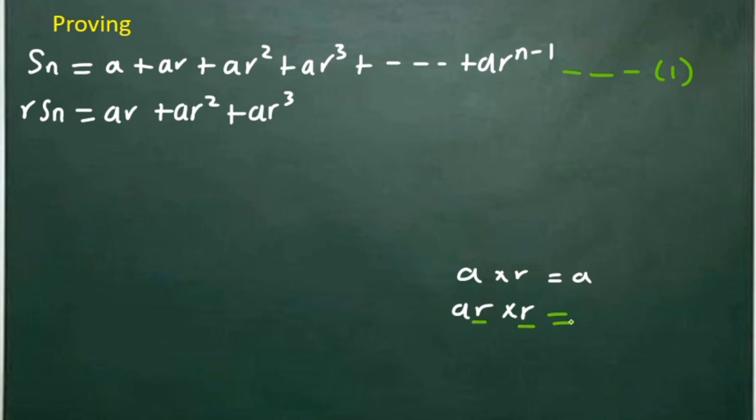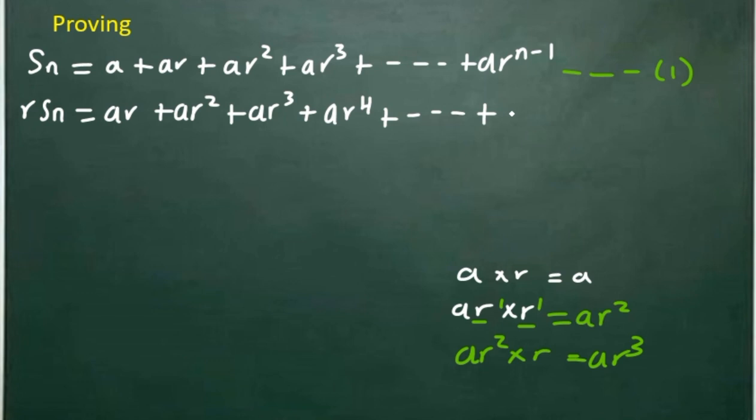Remember the property of indices: when they multiply with the same base, we add their exponents, so 1 plus 1 is 2. Also ar squared times r gives ar to the exponent of 3. That is how I am getting this expression, so the next will be ar to the exponent of 4, and the series continues.